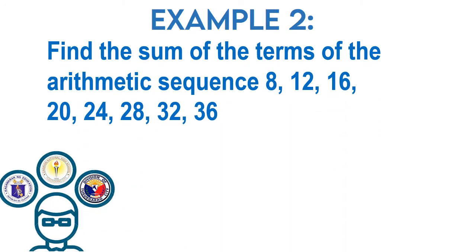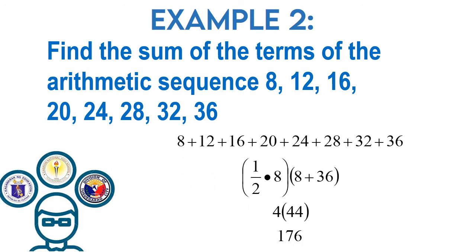Find the sum of the terms of the arithmetic sequence 8, 12, 16, 20, 24, 28, 32, and 36. Using the same observation made, this example becomes 8 plus 12 plus 16 plus 20 plus 24 plus 28 plus 32 plus 36.